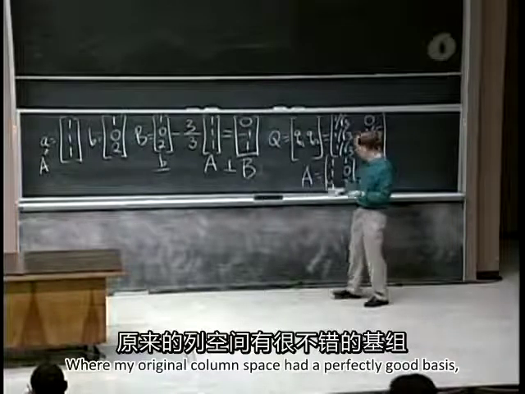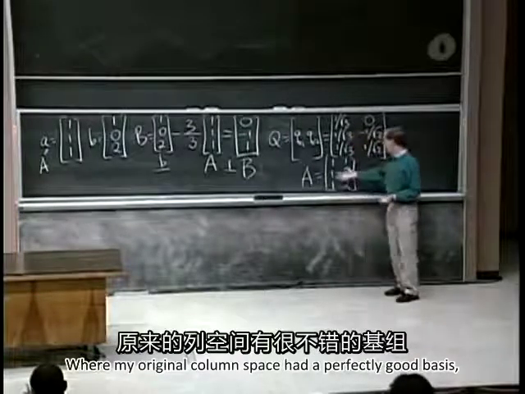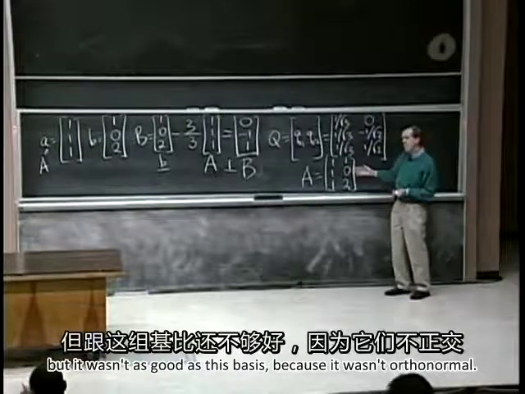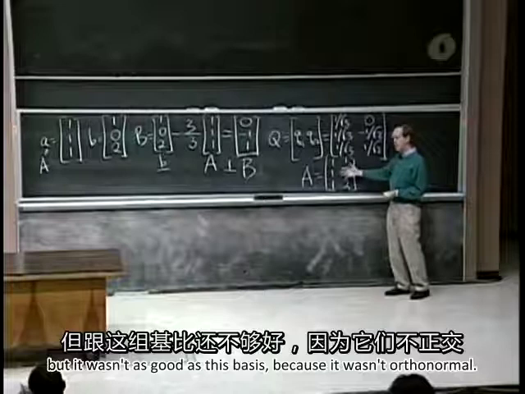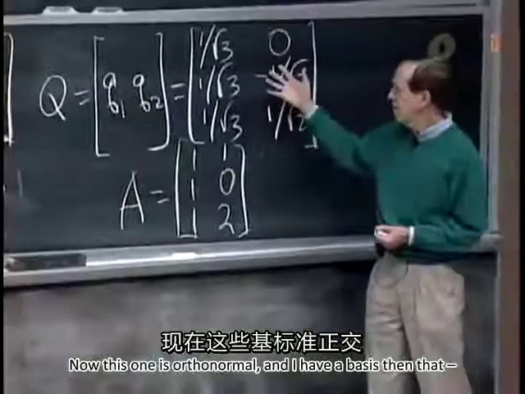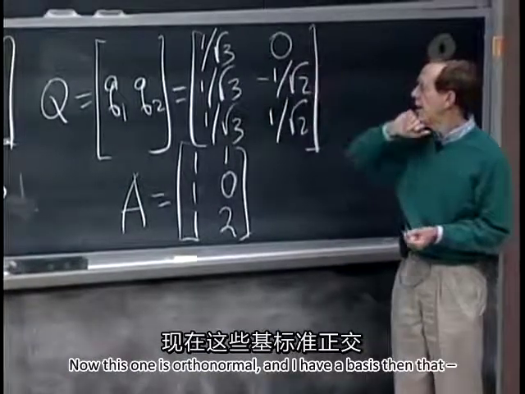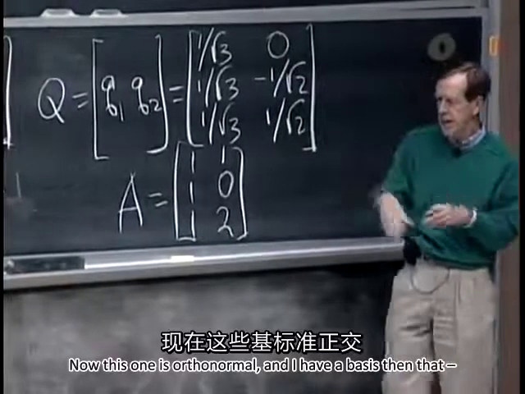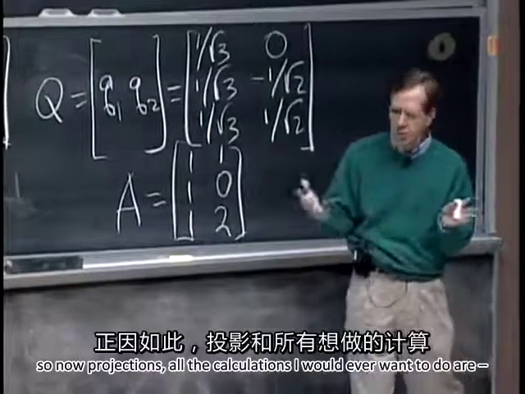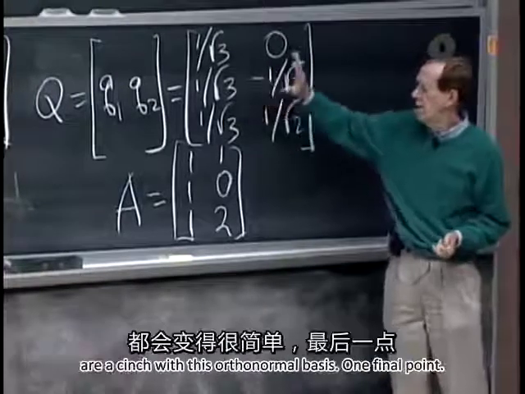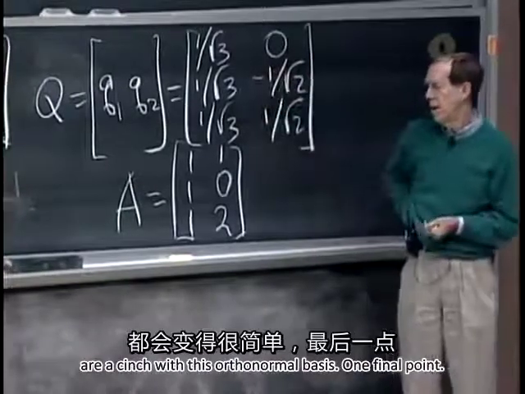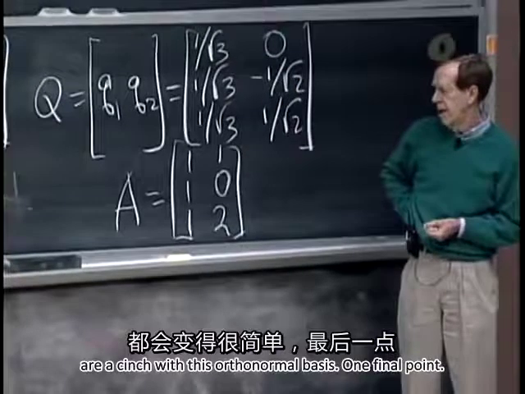My original column space had a perfectly good basis, but it wasn't as good as this basis, because it wasn't orthonormal. Now this one is orthonormal, and I have a basis so that now projections, all the calculations I would ever want to do are a cinch with this orthonormal basis.